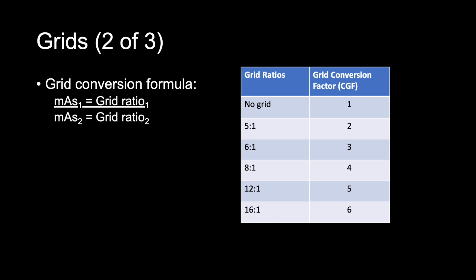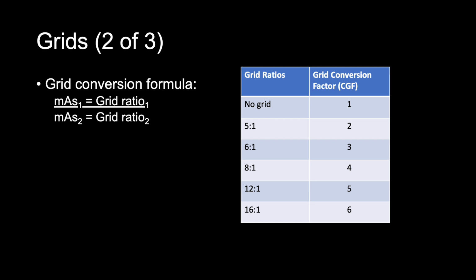So here's a mathematical problem using the grid conversion formula. We have a quality image that's obtained using 2 mAs at 70 kVp, and this is without using a grid. So no grid, the grid conversion factor for that would be 1. So you would set up your formula.